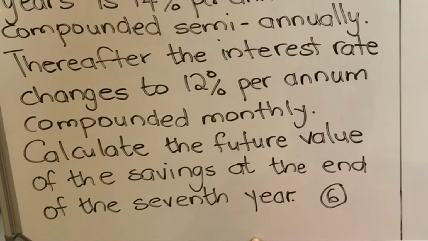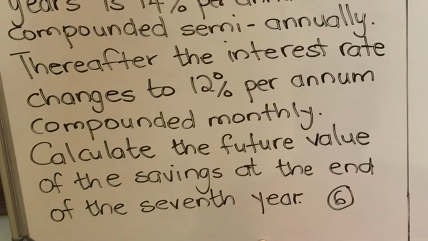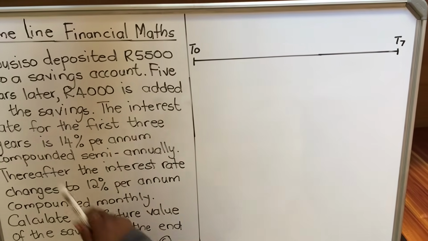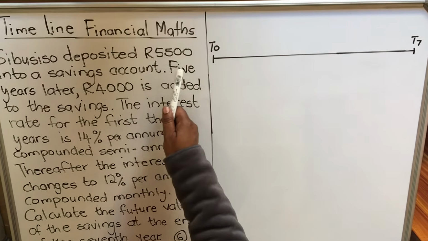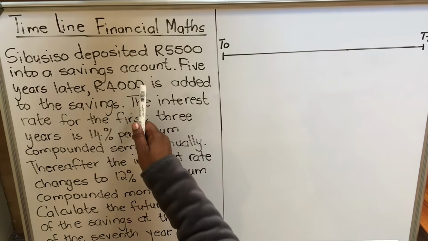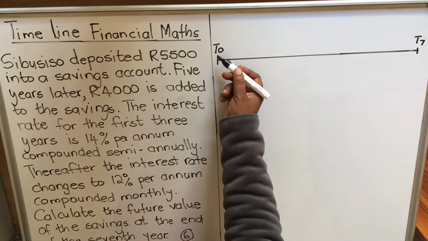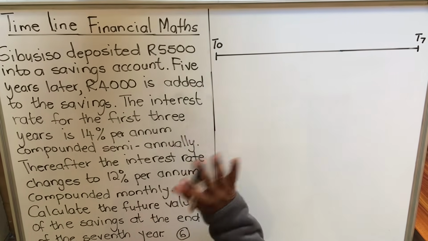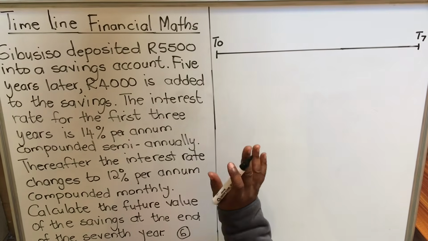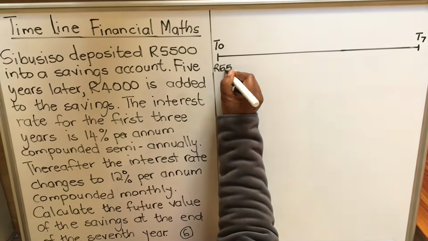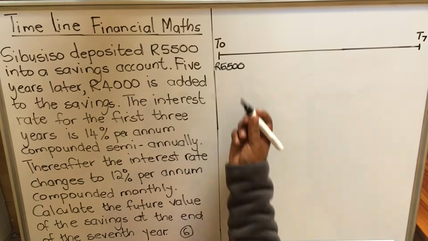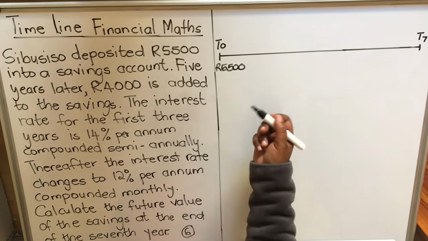Okay, let's read it again and then do the timeline. It says Pusiso deposited 5,500 into a savings account. So at time 0, the money has not spent any time in the bank. They deposited 5,500. So the time is the time that the money has spent in the bank.